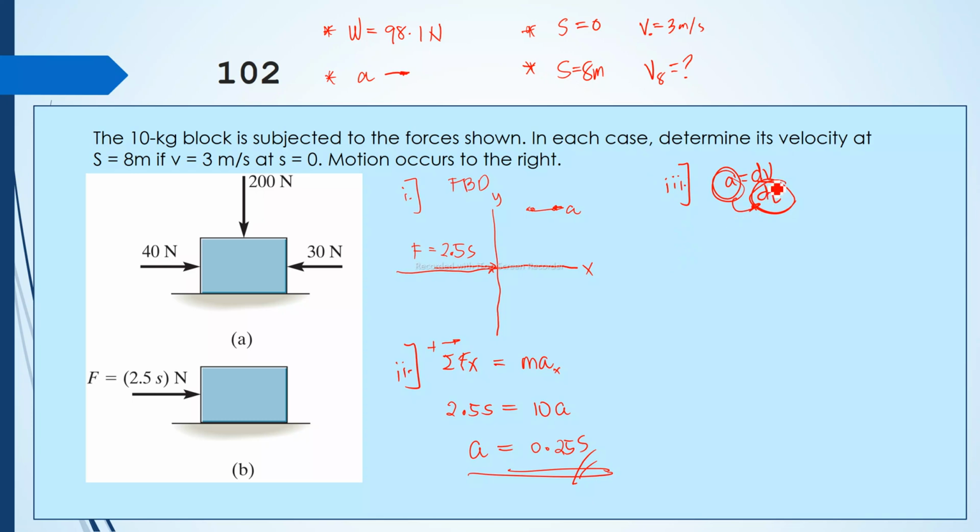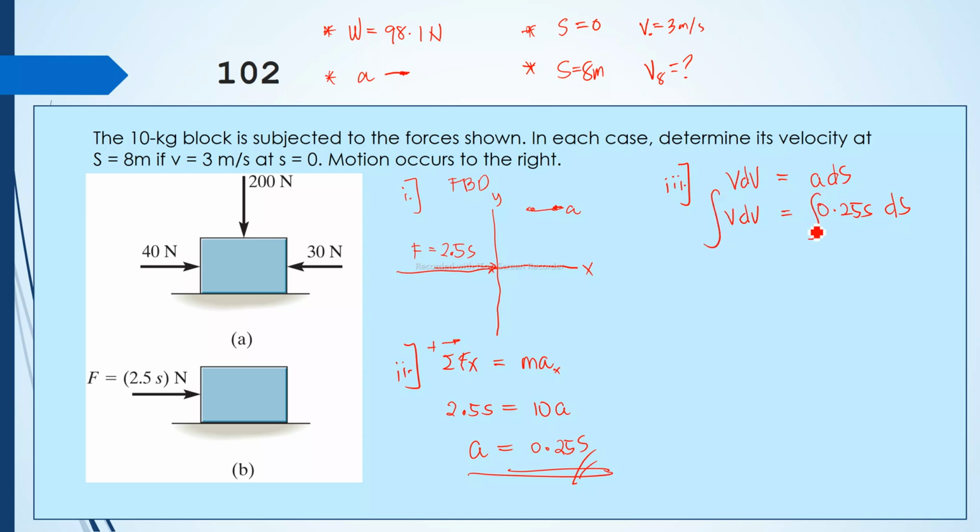We need an equation that shows the acceleration as a function of distance. So if you remember, we have the formula v dv equal to a ds. So v dv is equal to the acceleration, 0.25 s, ds.